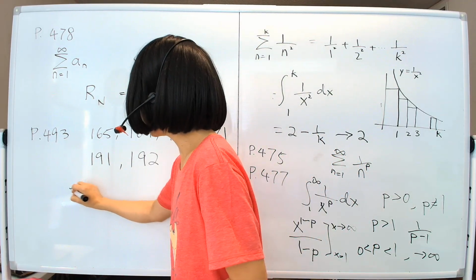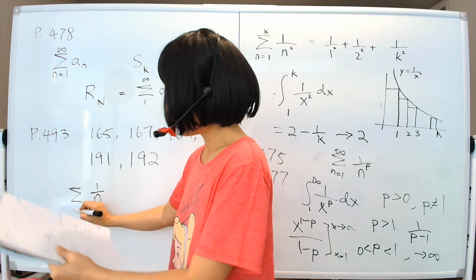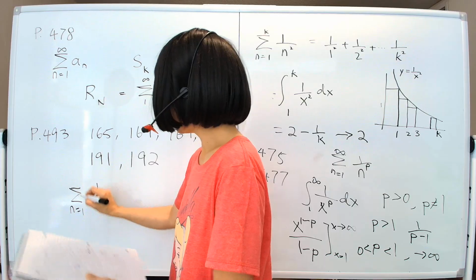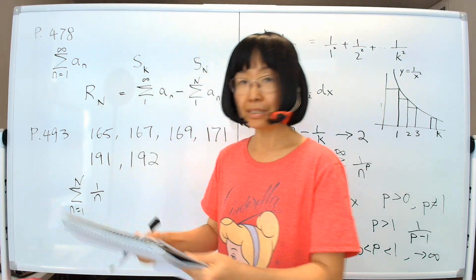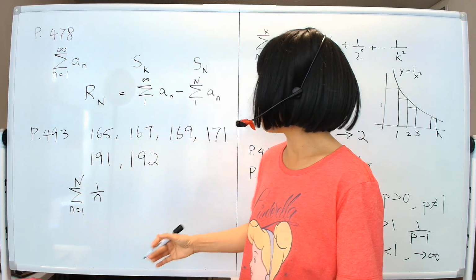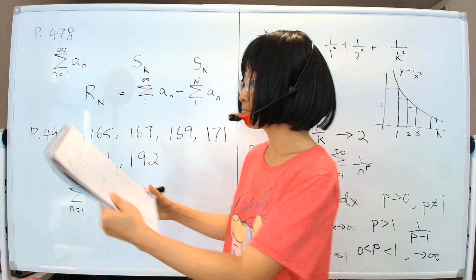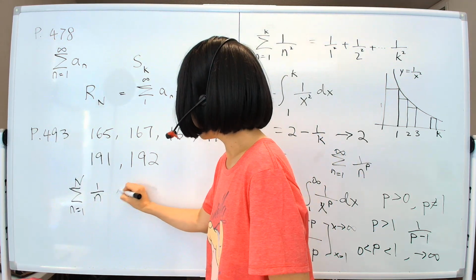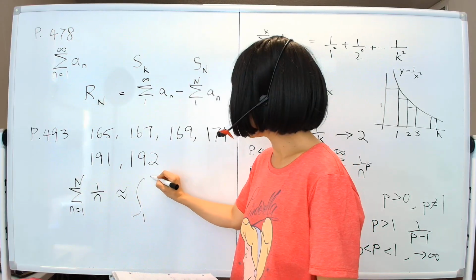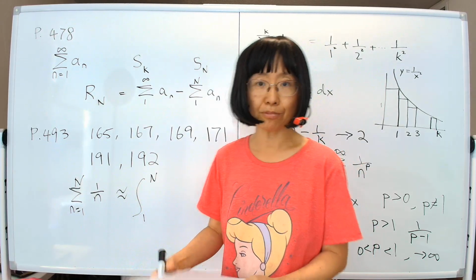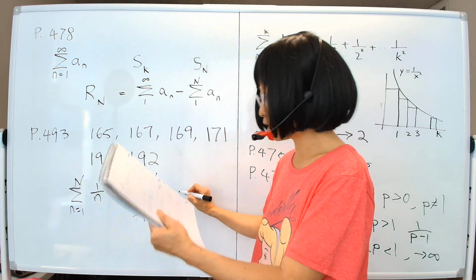So the harmonic series for 192, the sum of 1 over n, where we are going to add it from n equal to 1 all the way to a big N, let's say, okay? And we need to know how many terms we need to add up so that the harmonic series finally crawled its way to 100. And then to do that, we will approximate it with just the integral. This is not an exact approximation, but we just want an estimate, so we don't need to be too picky about it. It's close enough for our purposes.